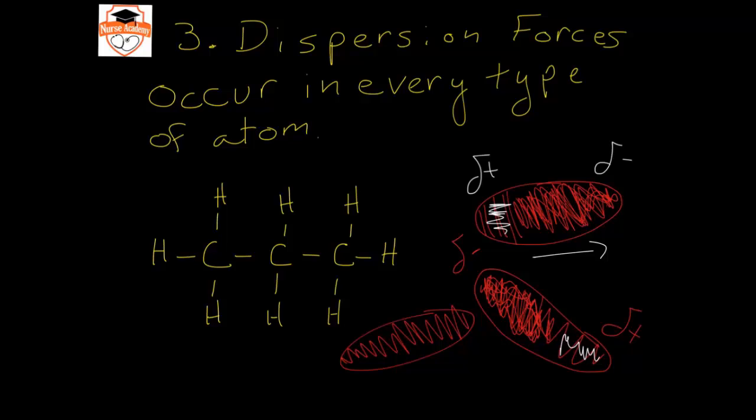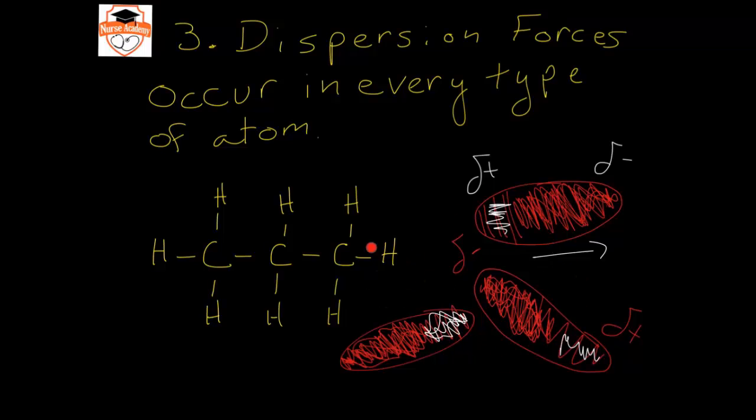Negative charges find other negative charges literally repulsive. This electron density is going to move away from those electrons. It's going to leave a hole over here, which it finds attractive to this negative charge, and so on and so on. And this is how we get these dispersion forces occurring. And they will suddenly all disappear and go away as if they weren't there, and another set of dispersion forces will propagate throughout molecules.